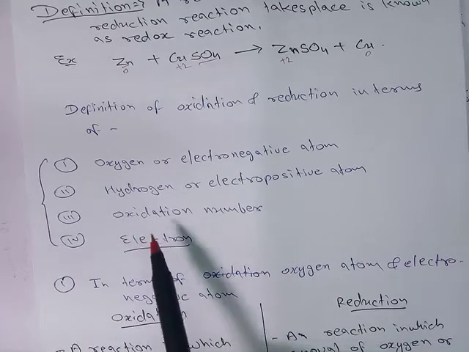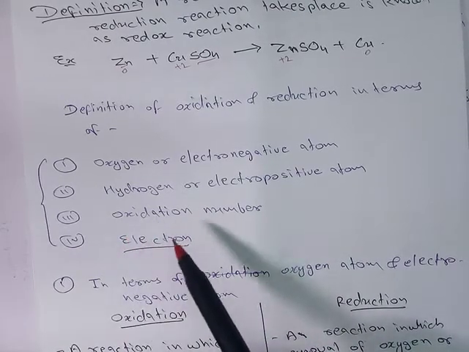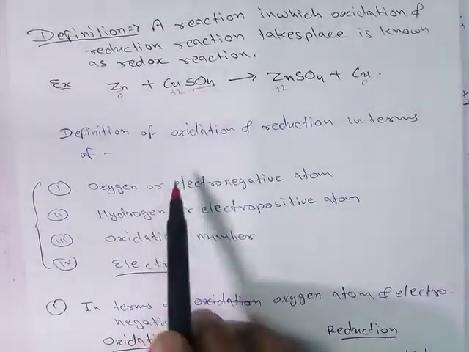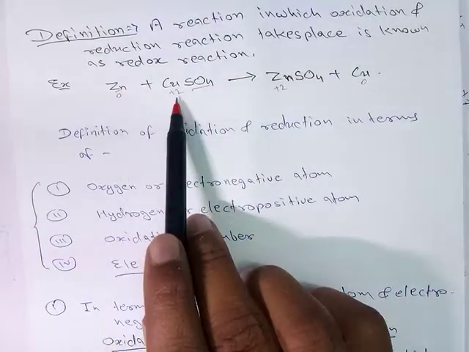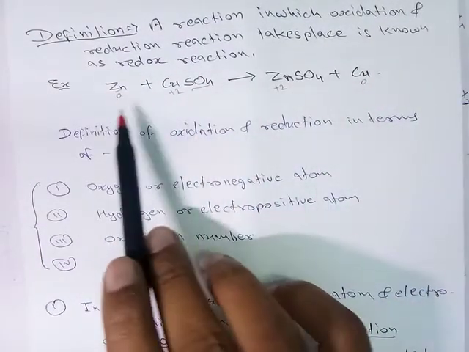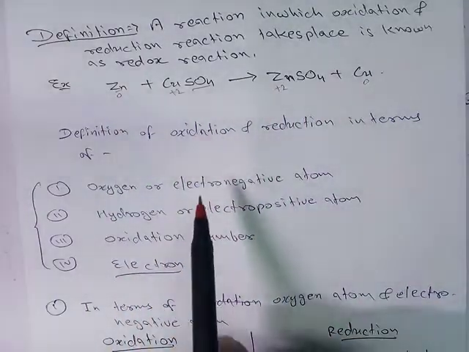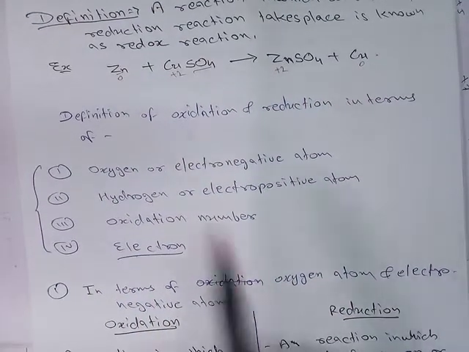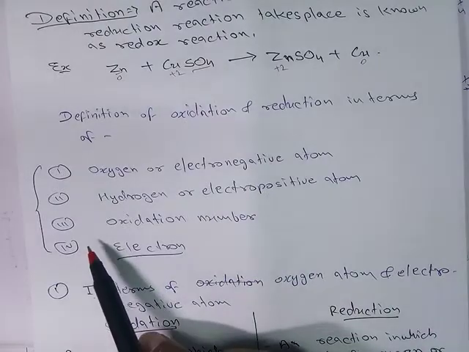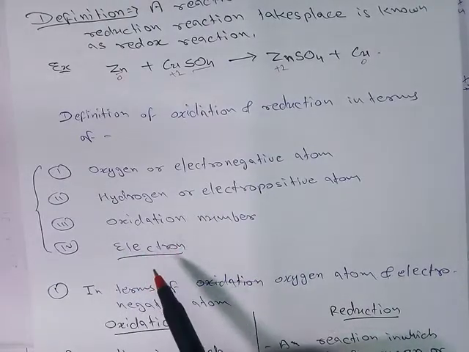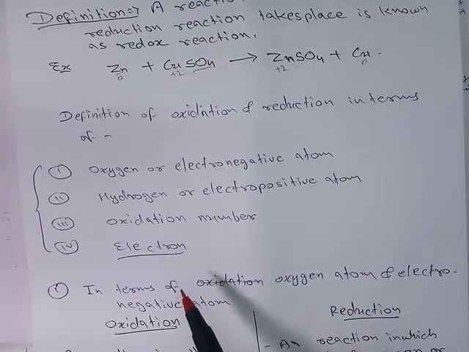And the third definition is oxidation number. Oxidation number we also discussed: 0, +2, +2, 0. These numbers are the oxidation numbers of the atoms, zinc and copper. And the fourth one is electron, the definition of oxidation and reduction in terms of electrons.